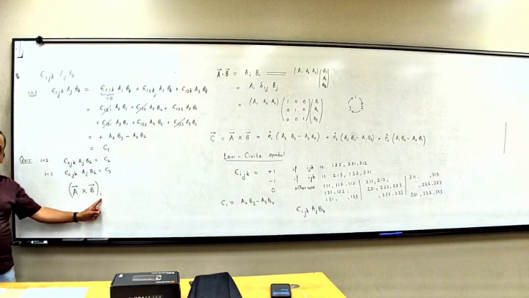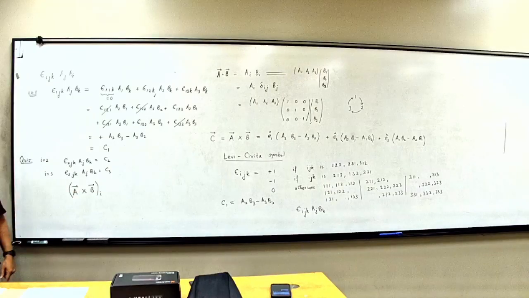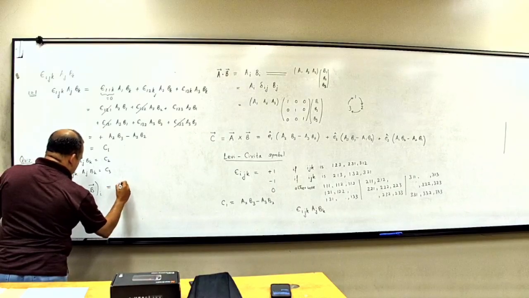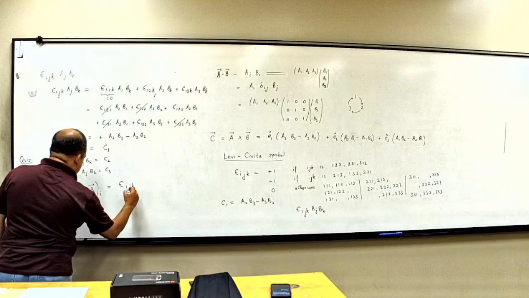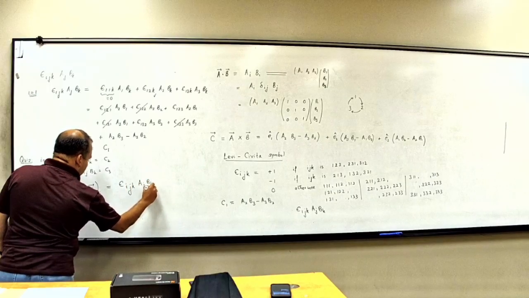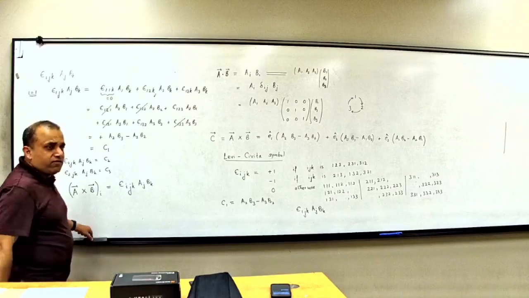The first component will be i equal to 1, then the second component and the third component. In this case, I have written it as C i, which is equal to epsilon ijk times aj times bk. So that's the pattern we have recognized.